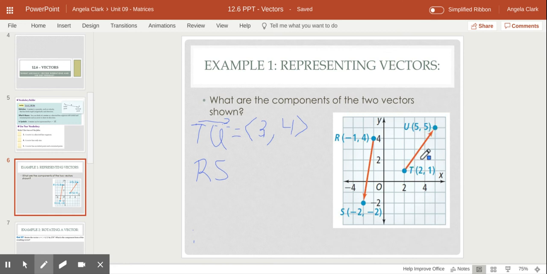So you always want to go in the direction that the vector, I keep wanting to say vertex, the vector is going, right? It's going from T to U. So that's the order that you need to write them in. And I just wasn't paying attention. So sorry about that. All right, so for RS, that actually is RS.